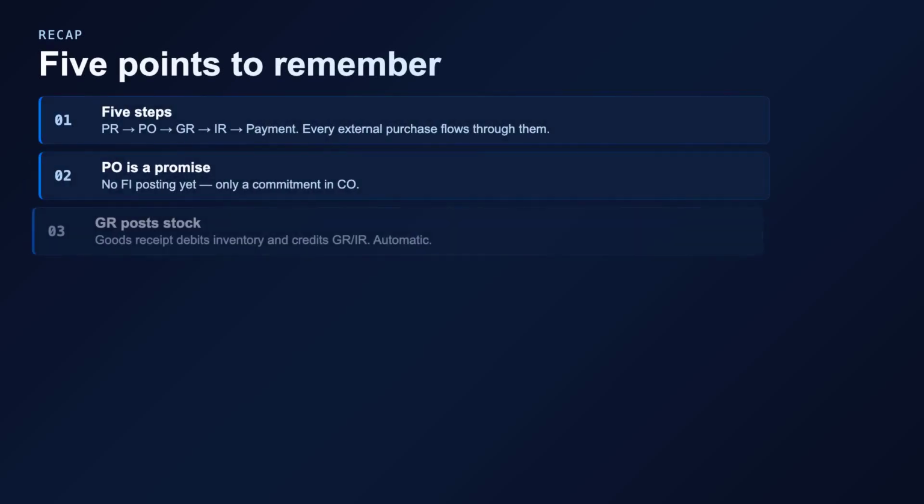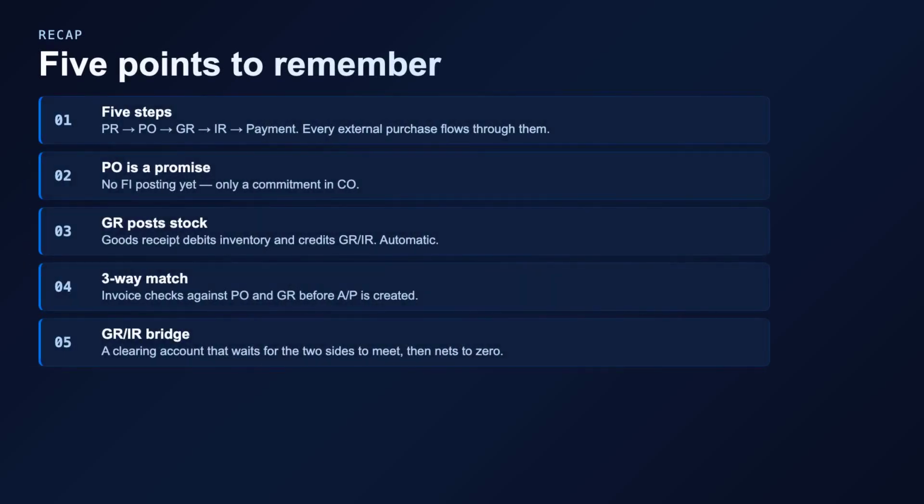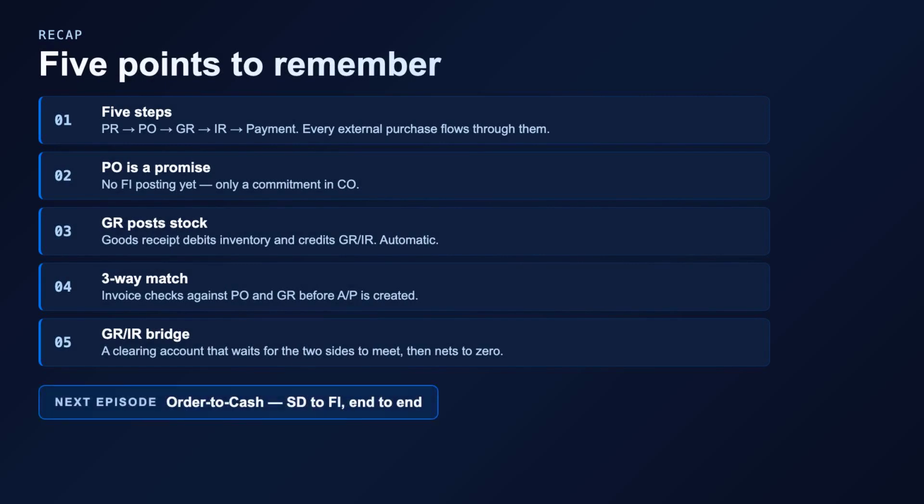Quick recap of Procure-to-Pay. 5 steps: requisition, order, goods receipt, invoice, payment. A PO is a promise. It commits the company but doesn't touch the general ledger yet. The goods receipt posts stock and GRIR automatically, straight from a movement type.